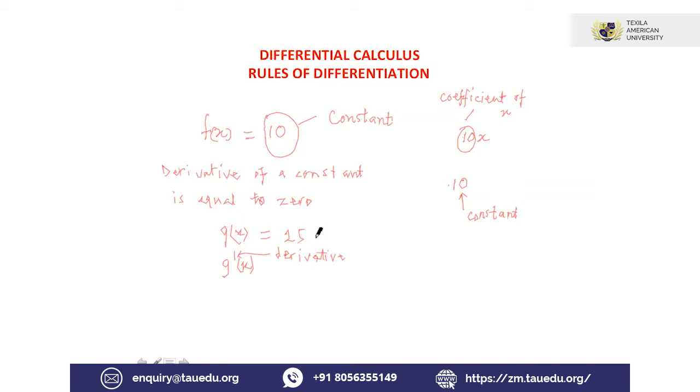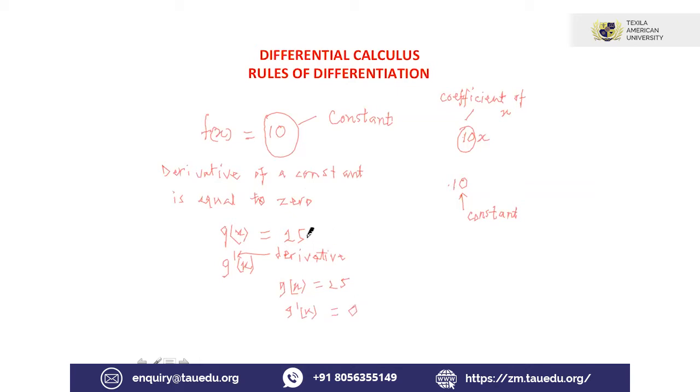So this symbol here is what we call the derivative symbol. For example, if we have g of x is equal to 25, then the derivative will be g prime of x is equal to 0. Why are we saying this?